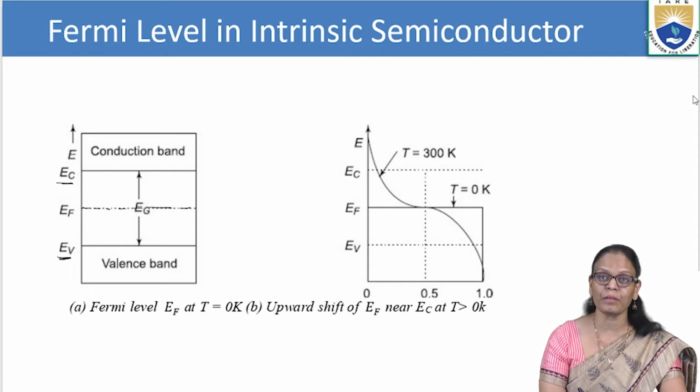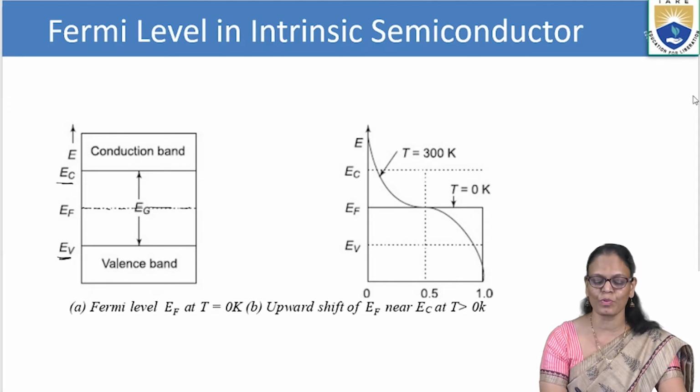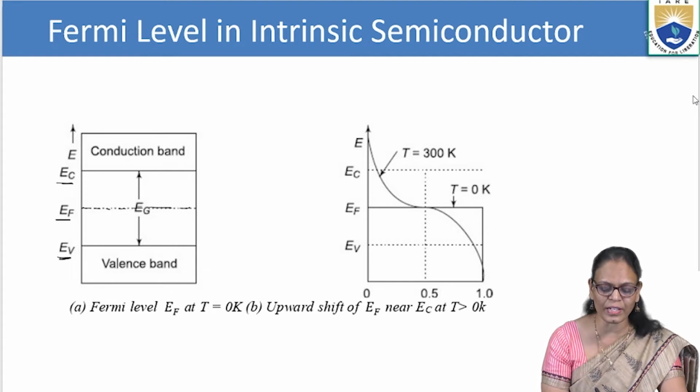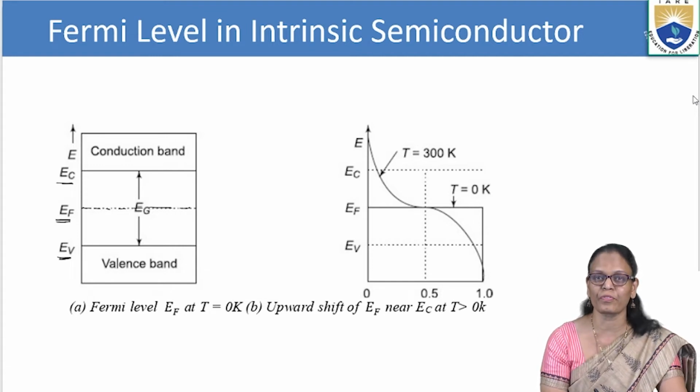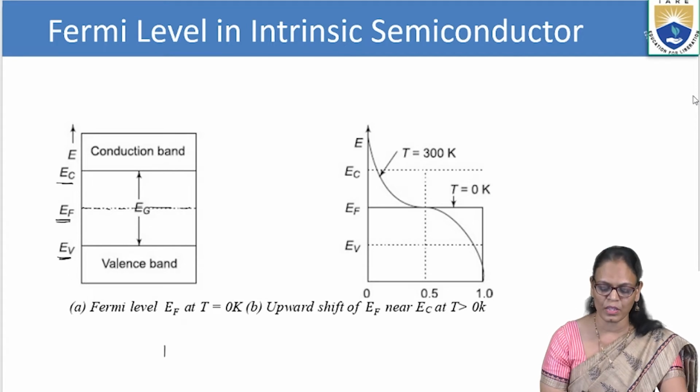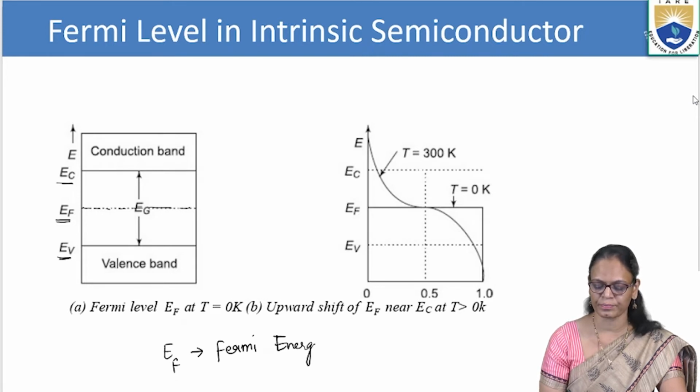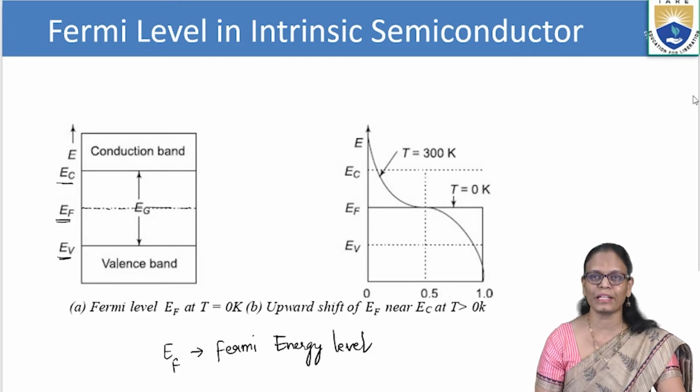This gap denotes the minimum energy that has to be supplied to the valence electrons to move to the conduction band. And then we also have another level that we are showing as EF. EF denotes the Fermi energy level, or we may simply call it the Fermi level.